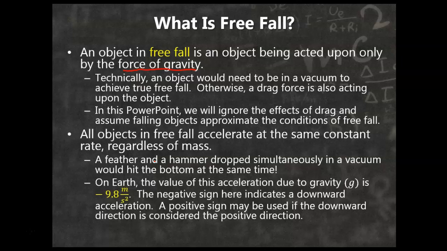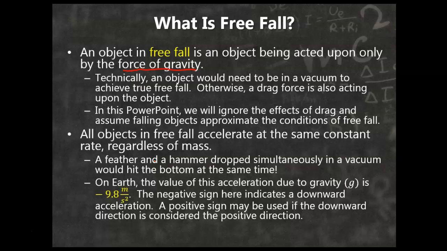If we drop a feather, we would not consider that to be in free fall, because even though gravity is pulling it down, a feather is so light that the air it's falling through affects how it moves. So a feather has a lot of force due to air resistance acting on it, and a feather falling through the air on Earth would not be considered free fall.